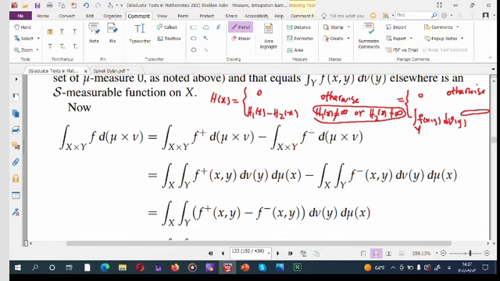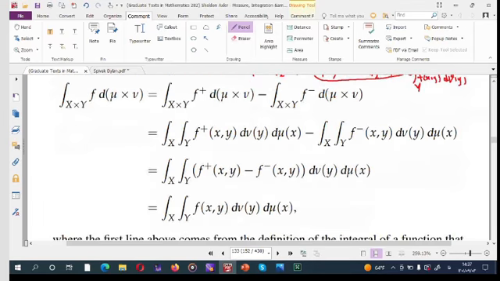But this is equal to this by Fubini's theorem, because f plus is non-negative, and this is equal to this, so we can write this subtraction by this integral, and this is equal to the integral of f, because f plus minus f minus equals f, and we have this equality.